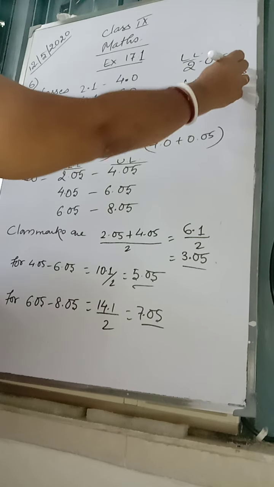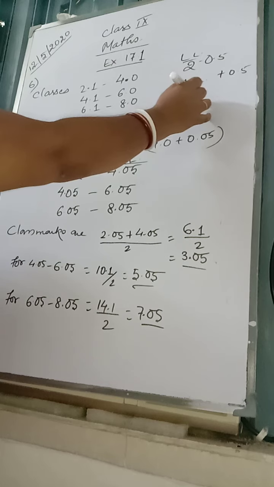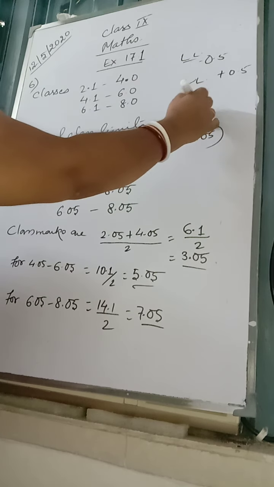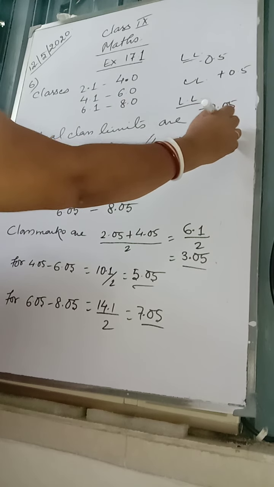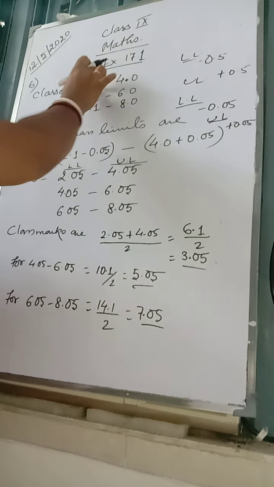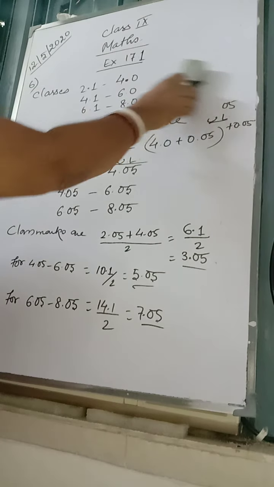Now if we have a decimal number, it will be lower limit minus 0.05 and upper limit plus 0.05. Means half of this we have to add and subtract. So here I have added and subtracted 0.05. Clear?